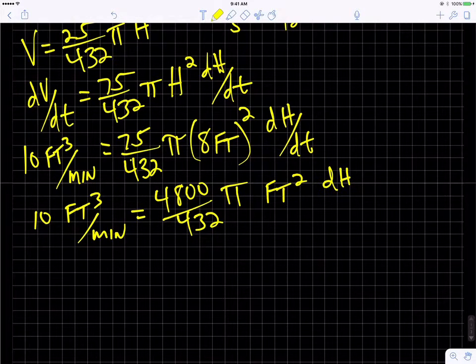I'm going to reduce that 4,800 over 432. So 432 cut in half once is 216, then 216 cut in half again, there's 108, cut in half a third time, cut in half a fourth time. So cut in half 4 times comes out to be 27.